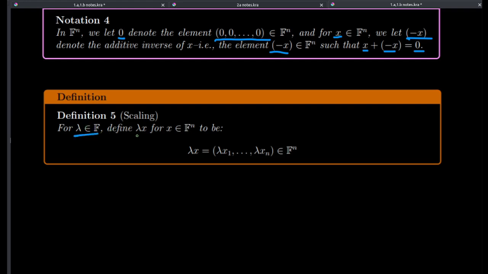So for lambda, an element of the field, we're going to define lambda x for x, an element of F^n, n copies of the field, to just be the list of length n where I have multiplied each entry in the list by lambda. Okay, cool. So I'll just do it relative to a single copy of F. All right, and this, it turns out, will fix things.